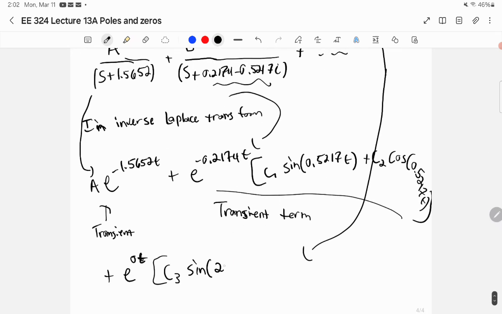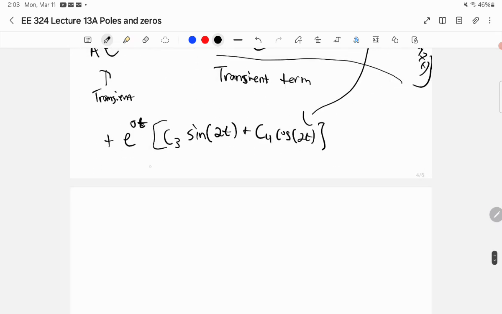So sine of 2t plus C4 times cosine of 2t. But e to the 0t is going to be equal to 1. So this is a steady state term.